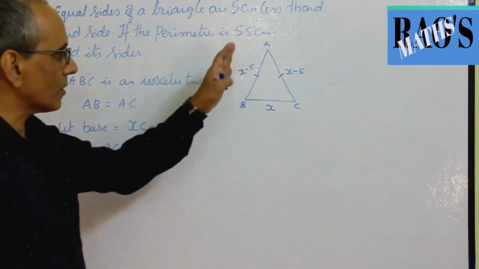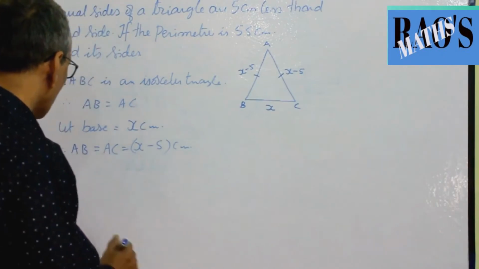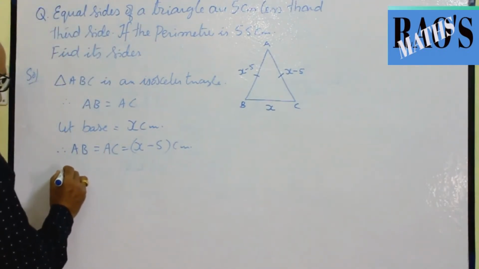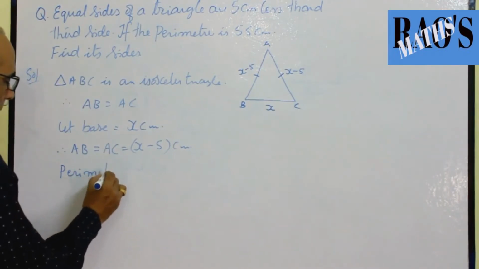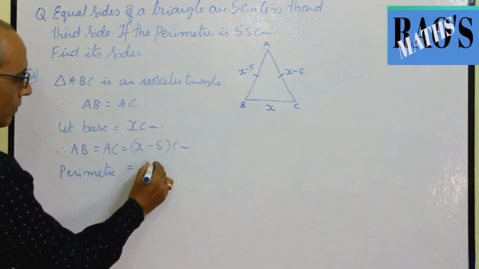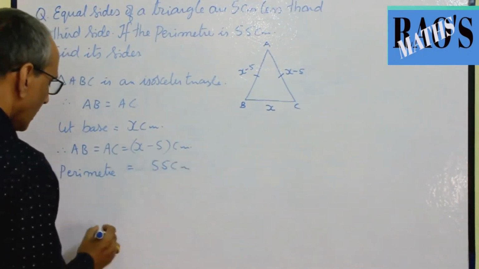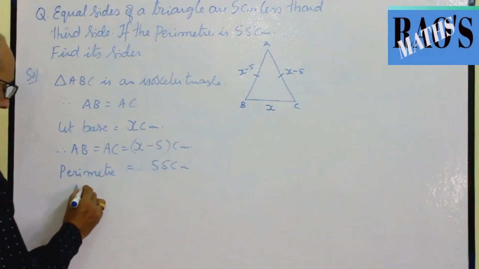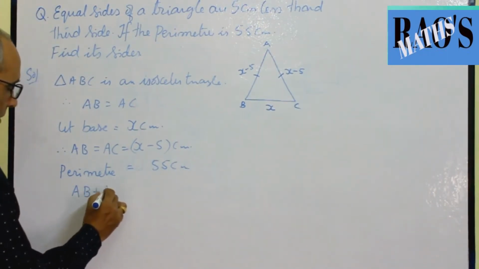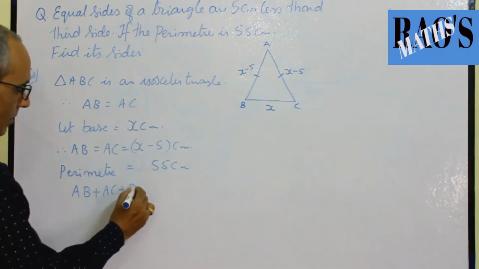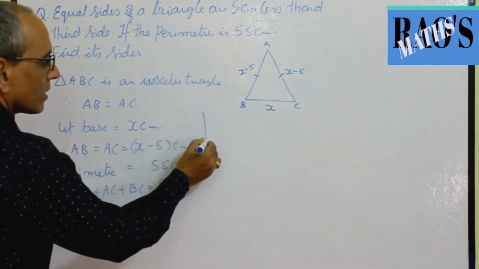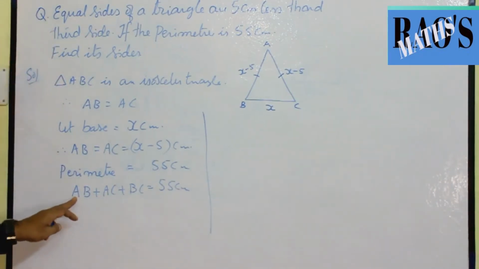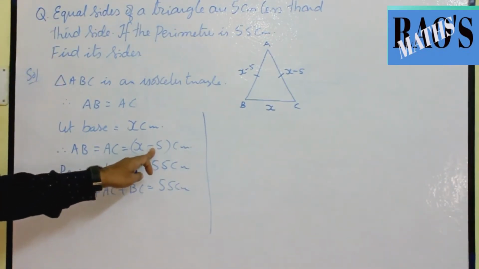We know the sum of three sides gives the perimeter of the triangle. So perimeter, by the question, is 55 centimeter. It is the sum of AB plus AC plus BC, which is 55 centimeter. What is AB by the question? x minus 5.